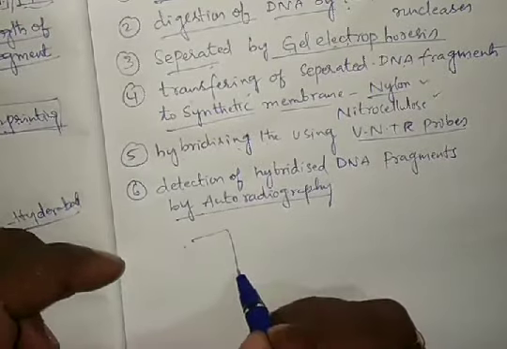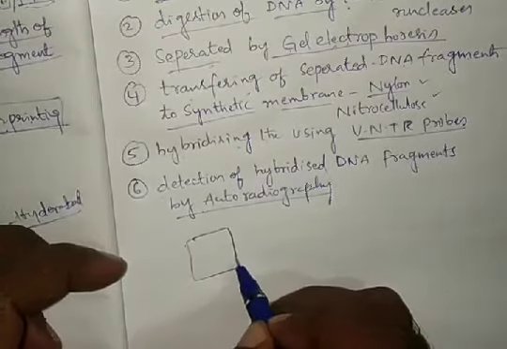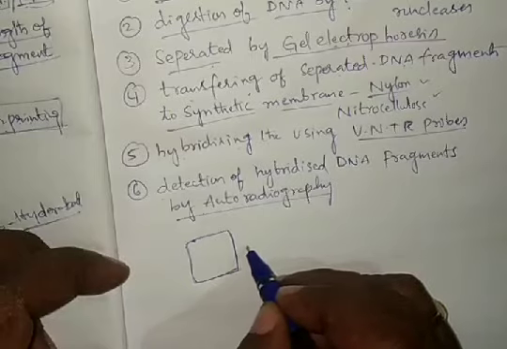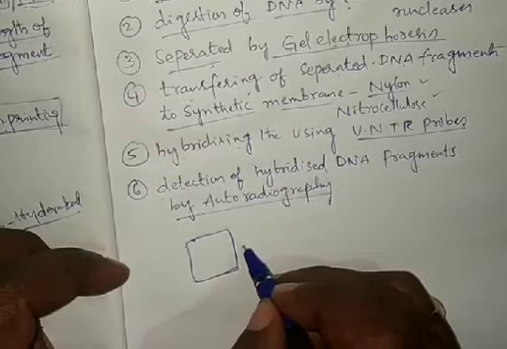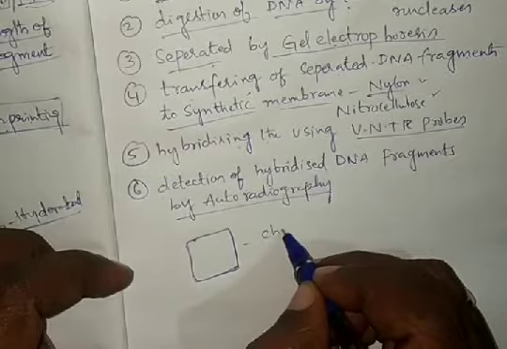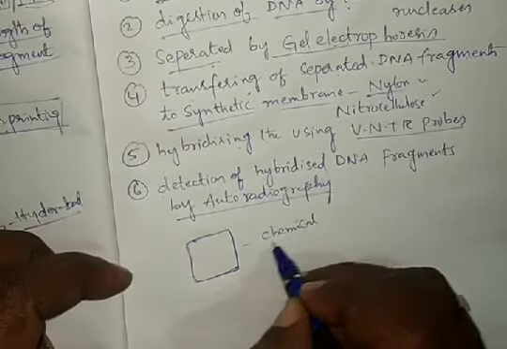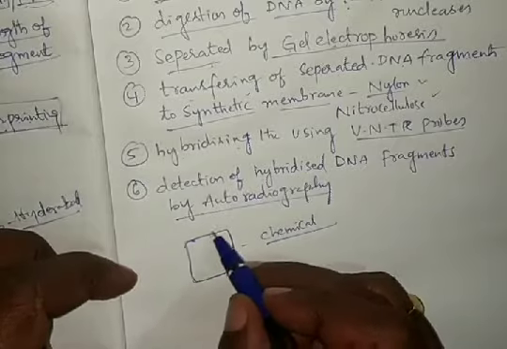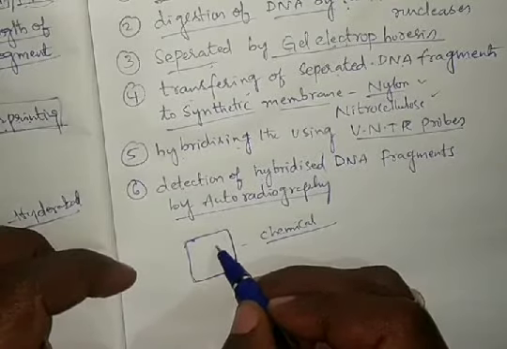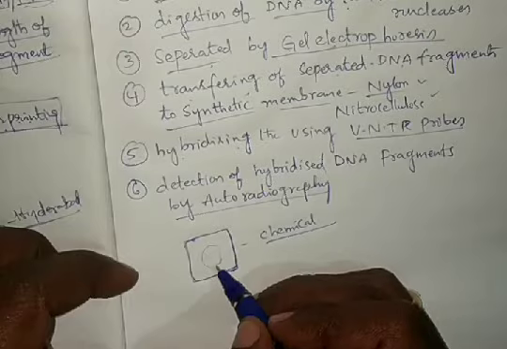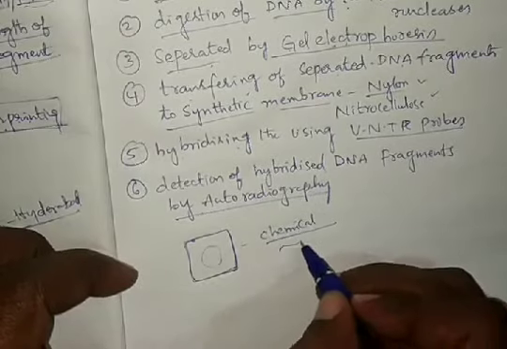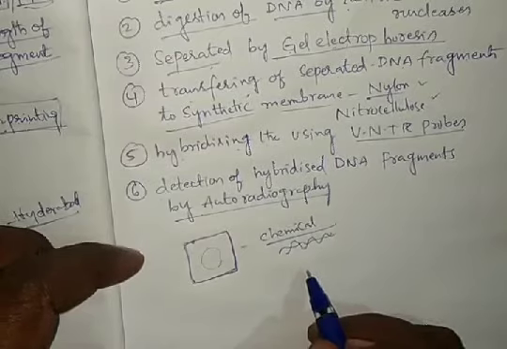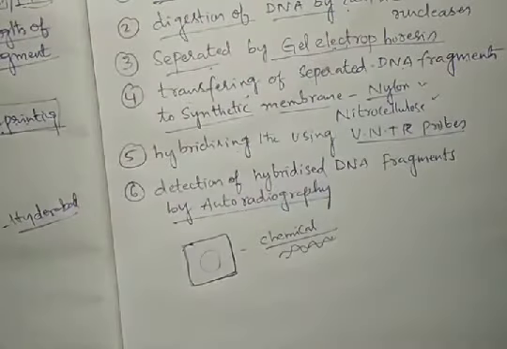By treating the cell with some chemical, the cell membrane and nuclear membrane can be dissolved, and finally the DNA can be extracted and separated. This is called isolation of DNA.